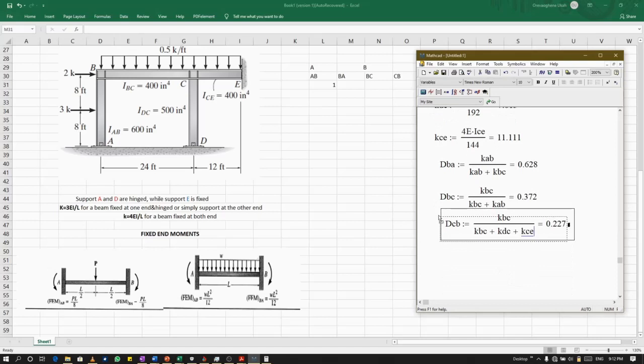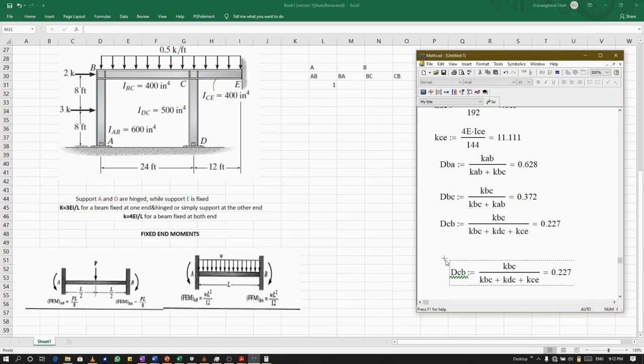So let me copy this to make our work faster. Bear with me. Okay, so Control V. What we'll be changing here is this from CB.